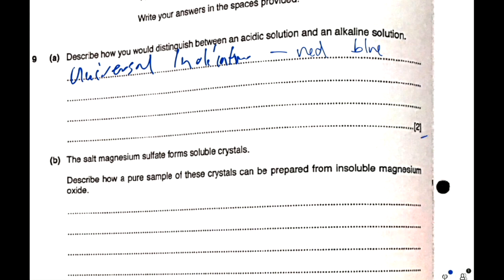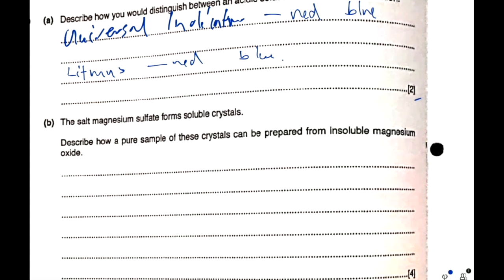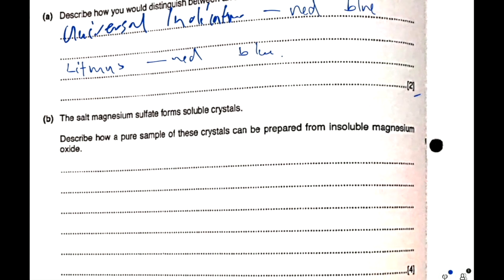You can also suggest others like litmus paper. If it's acidic, it will turn blue to red, and if it's alkaline, it will turn red to blue. Right, so that's just the difference between acid and alkaline, you don't have to spend too much time on that.